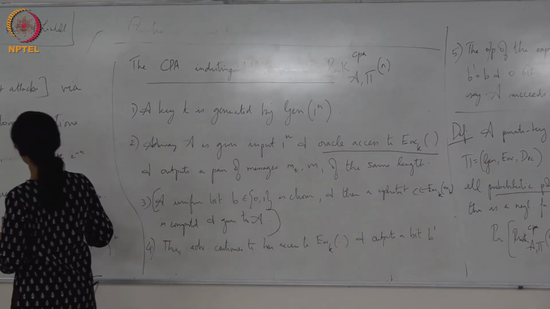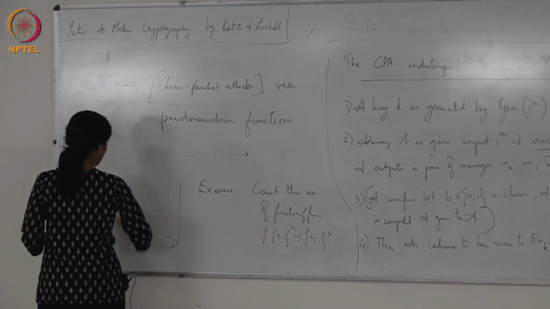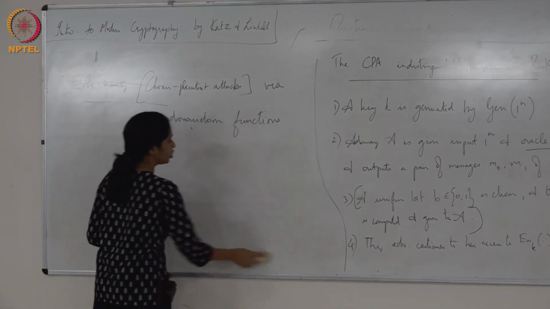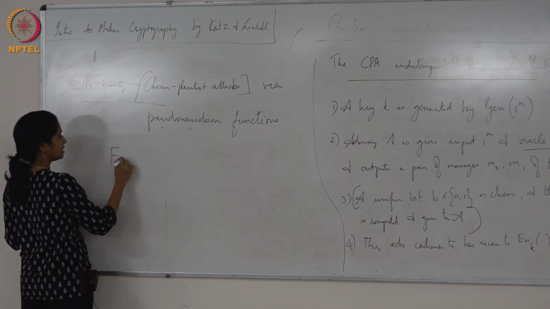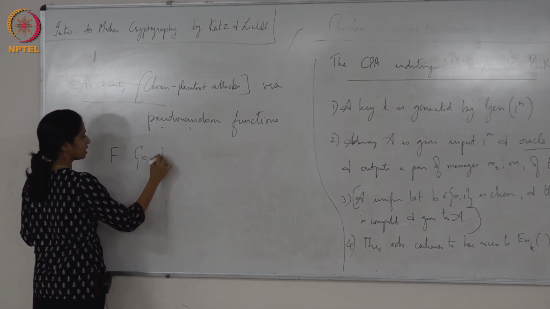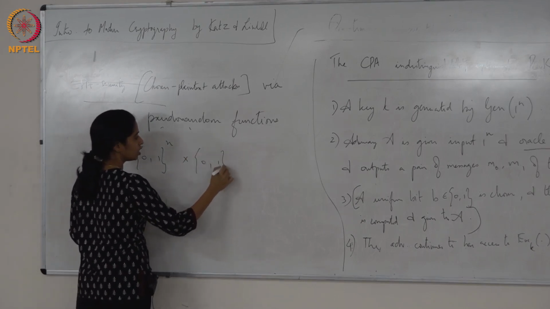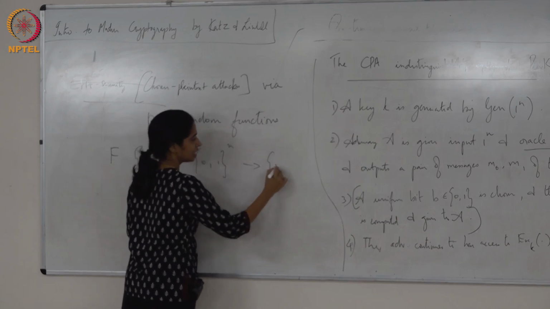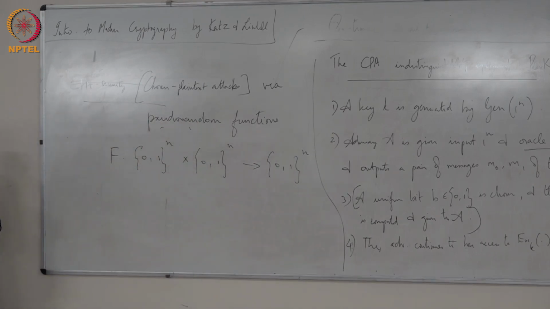So for a pseudo random function, you consider a 2 input function. Okay, so you consider for simplicity, let the 2 inputs both be of length n, and it produces an n bit output.